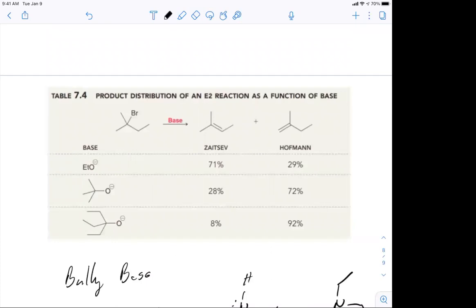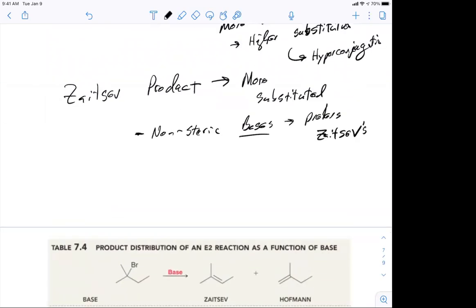So CHEM3053 is going to be based on the stability. So your non-steric bases, so something like methyl hydroxide, something like NH2 minus, ethoxide, even something like propoxide, all of these are going to be non-steric bases.